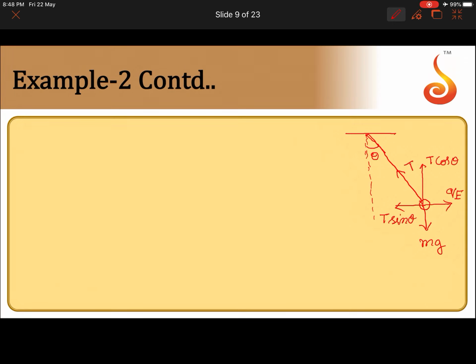Now, we know that for equilibrium, T cos theta should balance weight mg and T sin theta should balance QE. So, divide the two, you will get tan theta is equal to QE by mg, right.